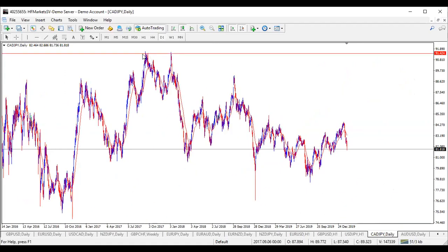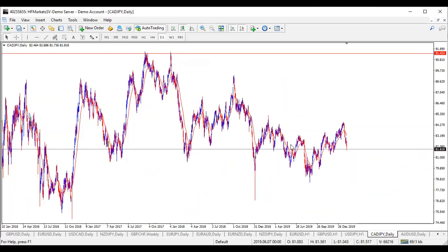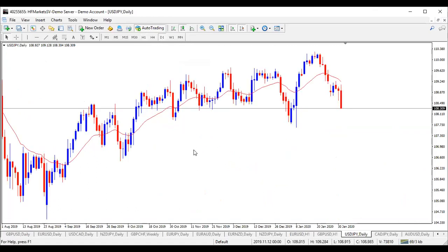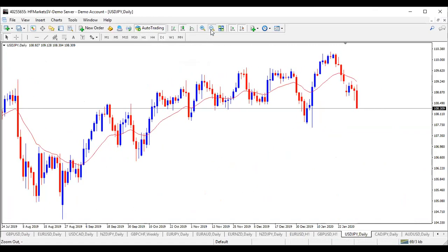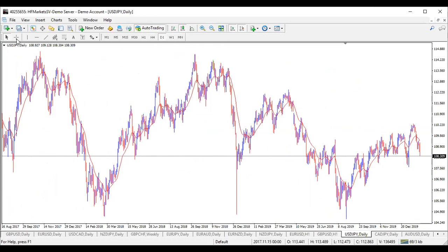Look at this. First top, second top, double top, a 4. You see that? I'm sure you do. So this might not be straight, but look at this.